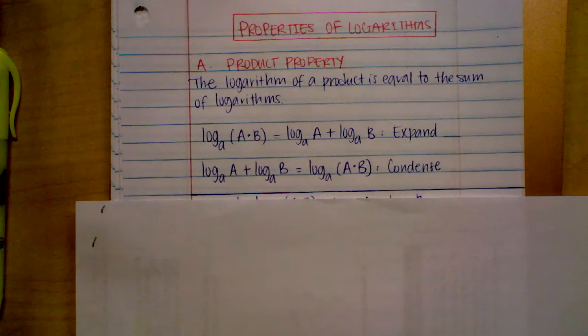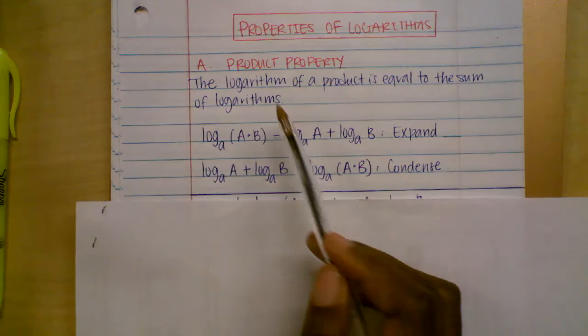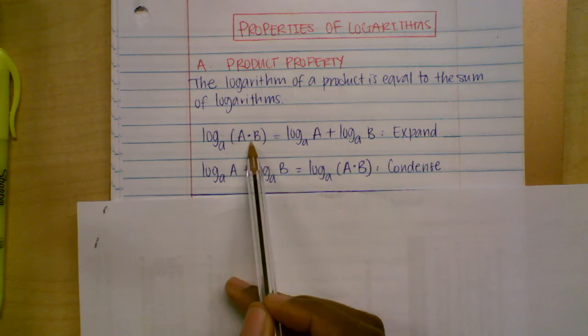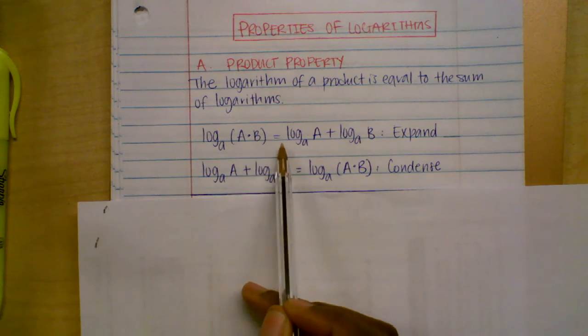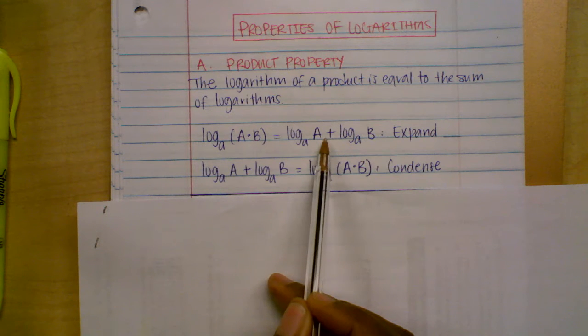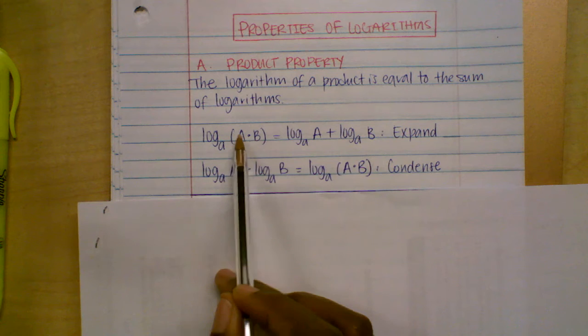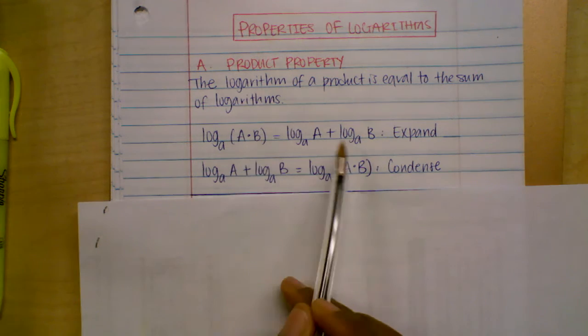Okay, so what I would like us to do next is apply the product property. Again, if you have a log and within the log you have a product, it's going to be equal to the sum of the factors within that log.